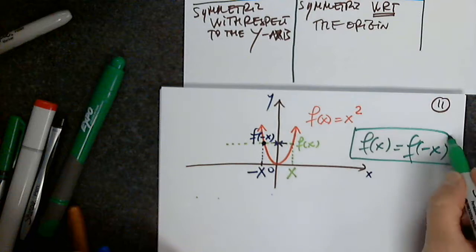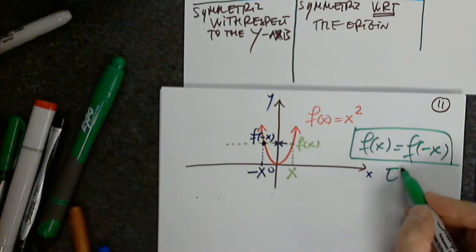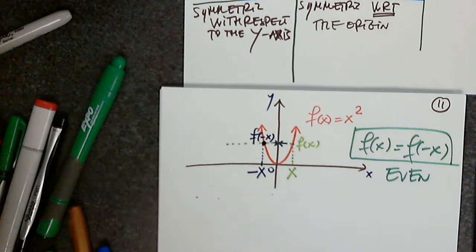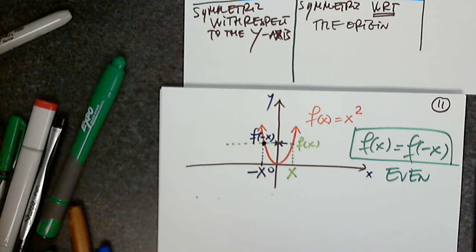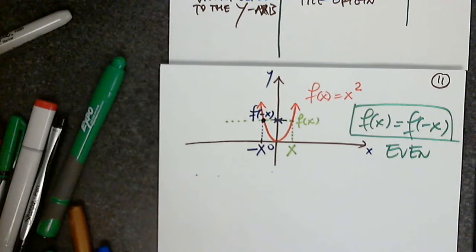This is the algebraic relationship mandatory for any even function. If the function is even and I replace in the function x by negative x, what do I get back? The original function. Excellent. This is extremely important to understand. No, the inverse function is something else.